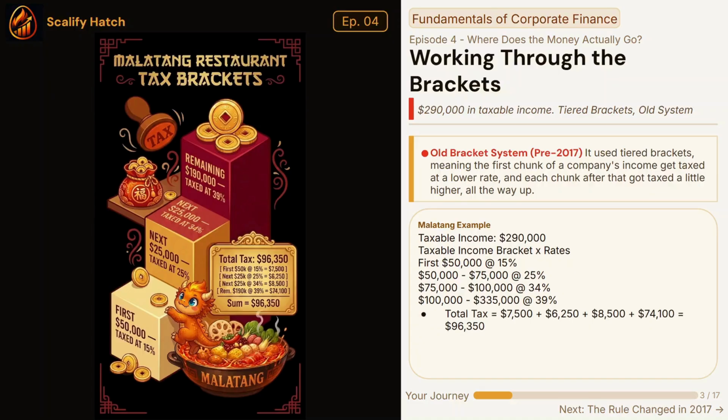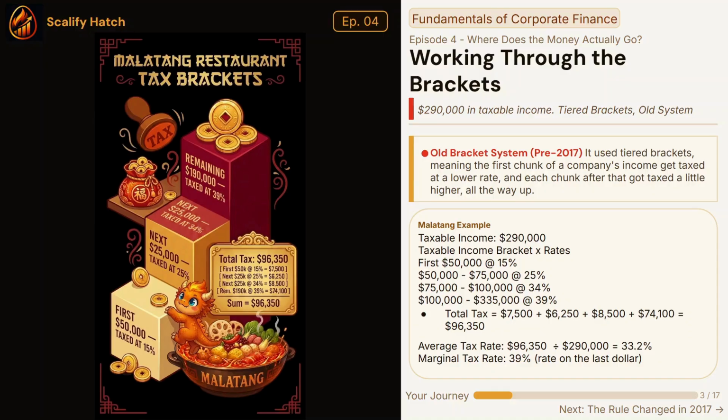There is $7,500, plus $6,250, plus $8,500, plus $74,100, which gives us a total tax bill of $96,350. Now here are the two rates we talked about before. Our average tax rate is $96,350 divided by $290,000, about 33.2%. Our marginal tax rate is 39%, the rate on the very last dollar we earned.